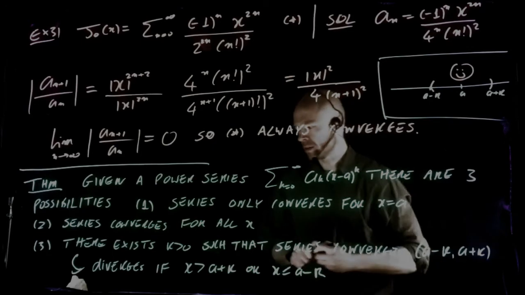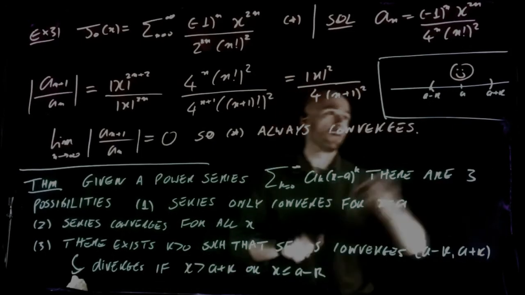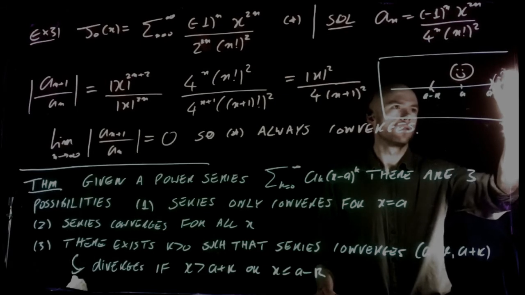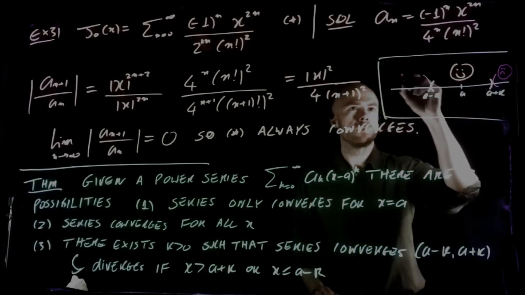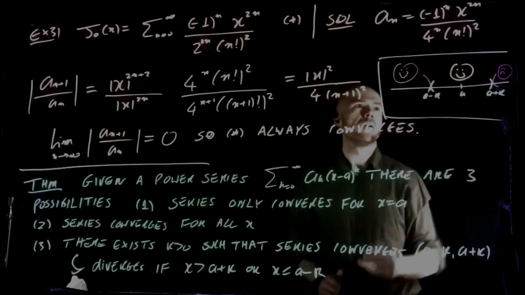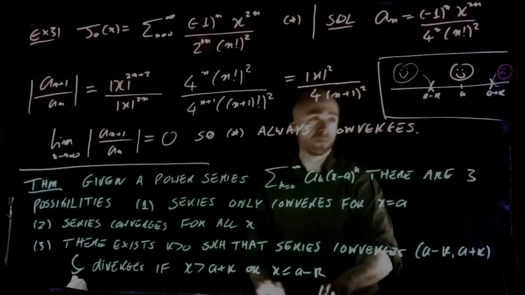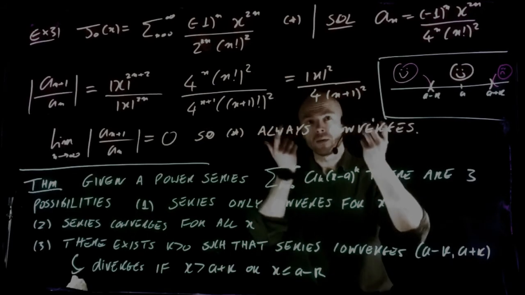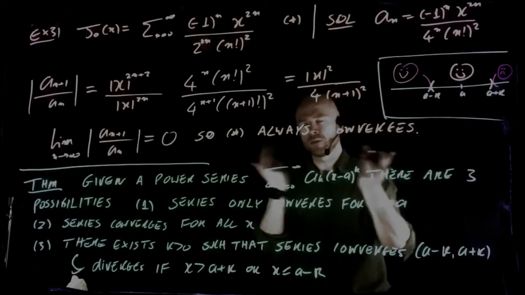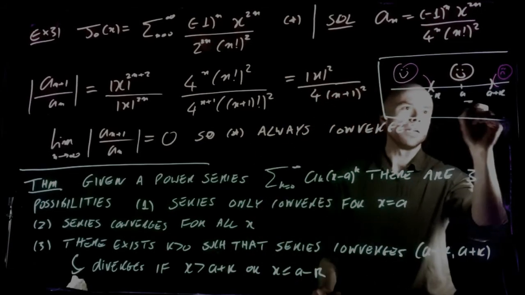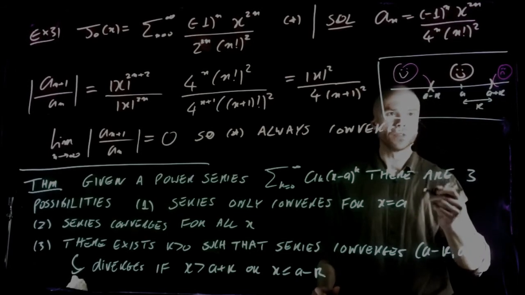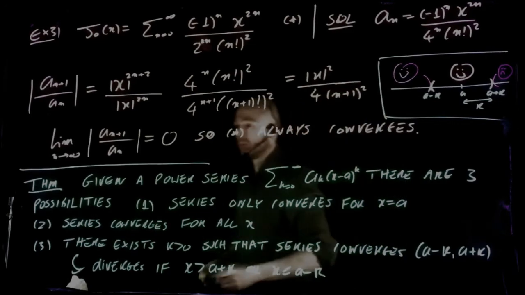If we are strictly outside, it will not converge. It's called the radius of convergence because you can think of this as being like a ball on the line. A ball on the line would just be an interval, and its radius is R. Okay? And it's a number.